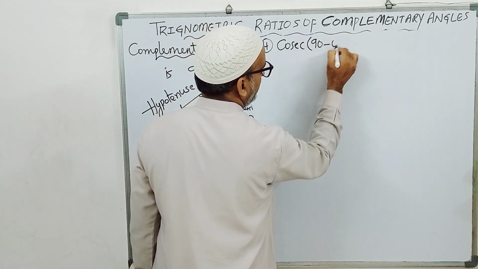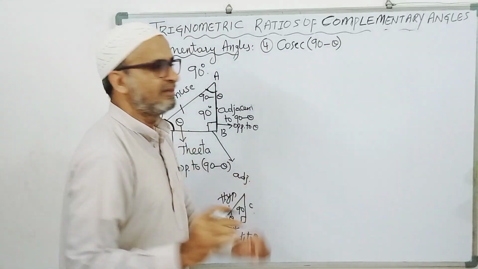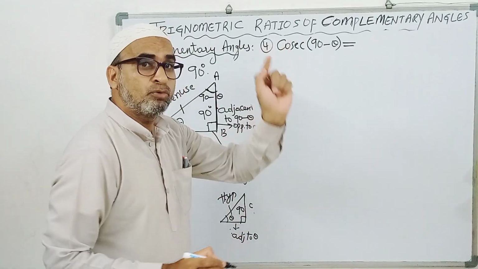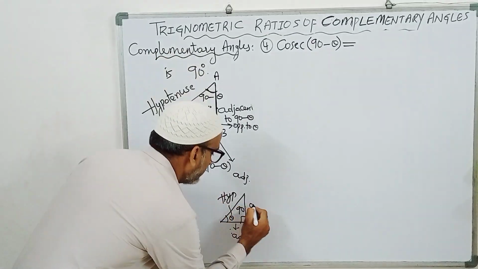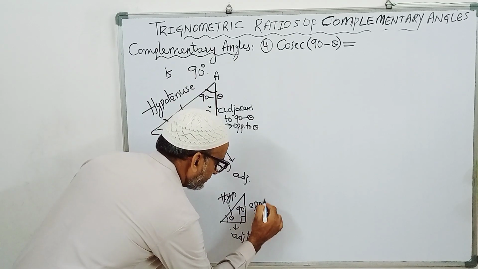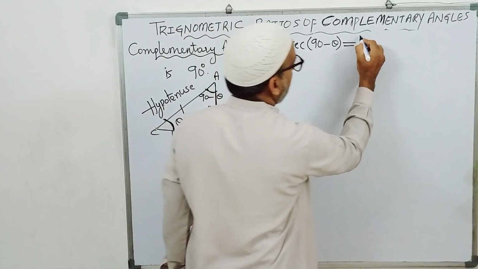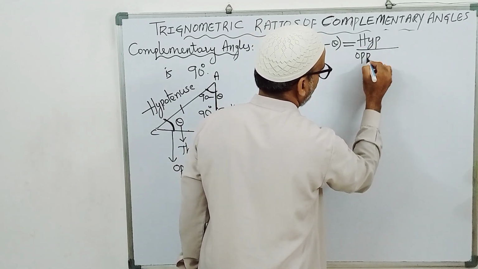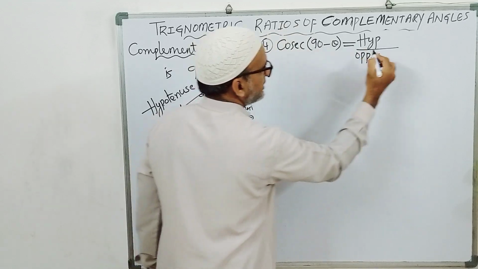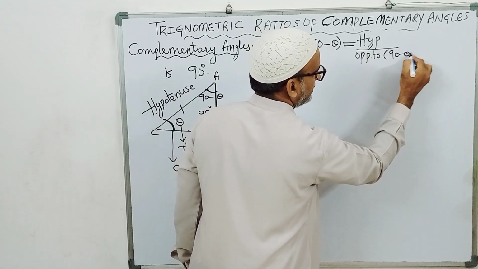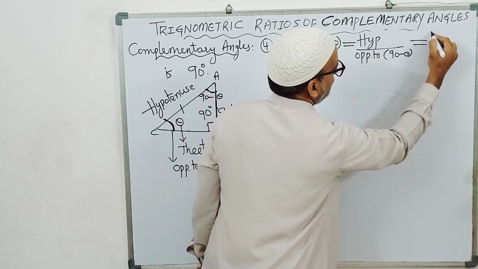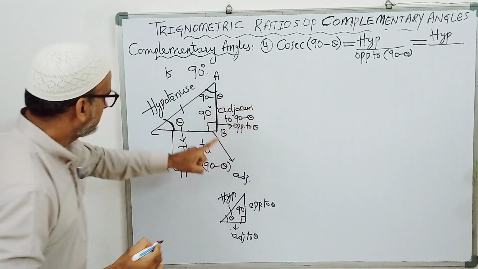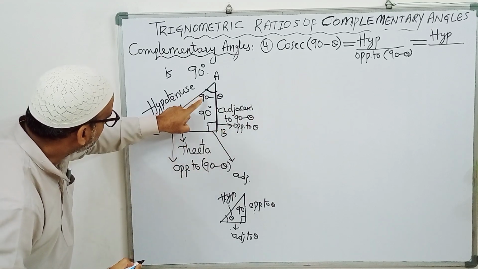Fourth one, cosec of 90 minus theta. According to the ratio, cosec is hypotenuse by opposite, and our angle is 90 minus theta. So it is hypotenuse by opposite to 90 minus theta.